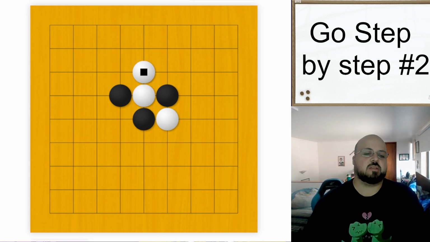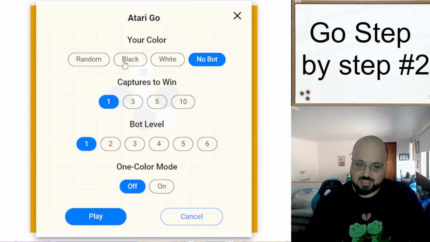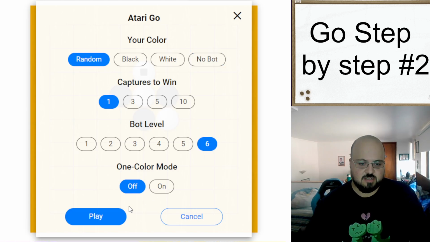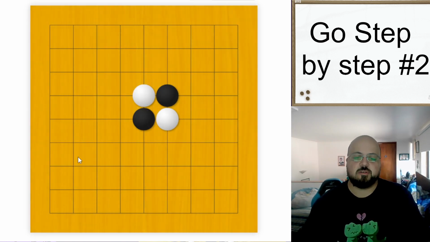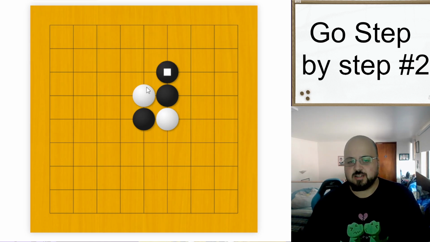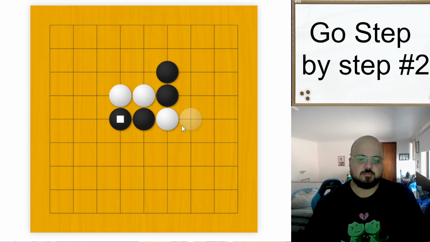You will play with this bot until level 6. Level 6 should be way harder than what you think. But this is the way to try to get better at Capture Go.